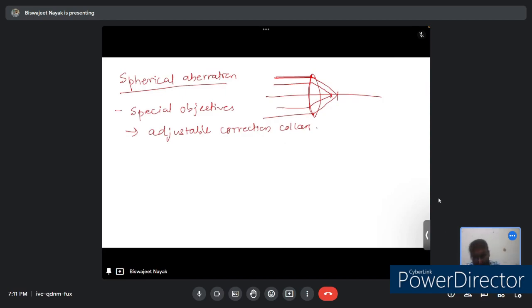So next is coma aberration. These first two aberrations were talked about. The first one was on axis, and the spherical aberration is also an on axis aberration.